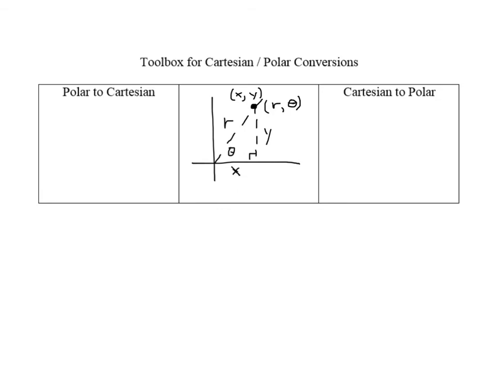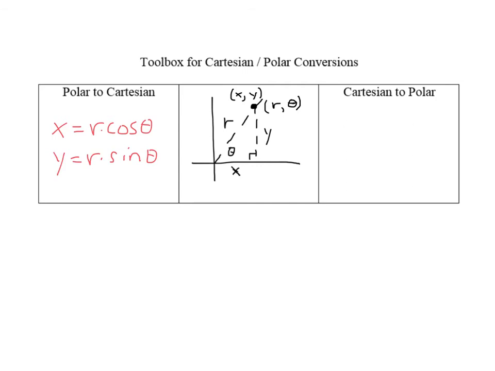These are all quantities that we are very familiar with. So our two equations that take us from polar to Cartesian would be the first ones we used. That's what we were doing in our first example: x is equal to r times the cosine of theta, and y is equal to r times the sine of theta.